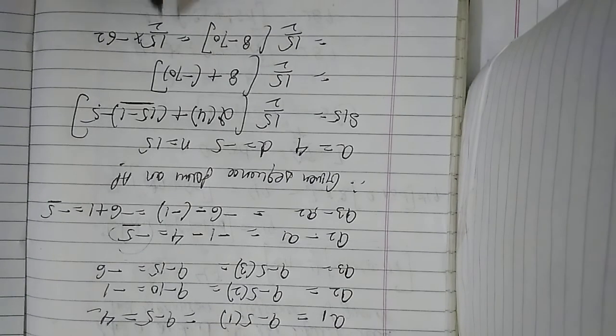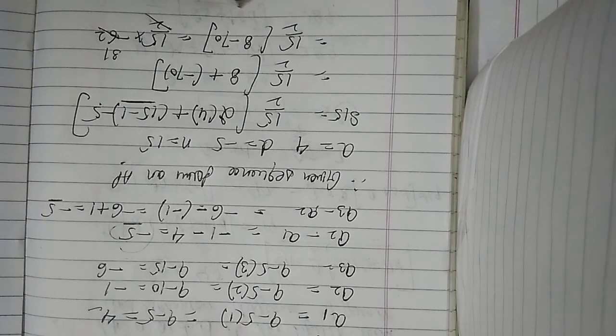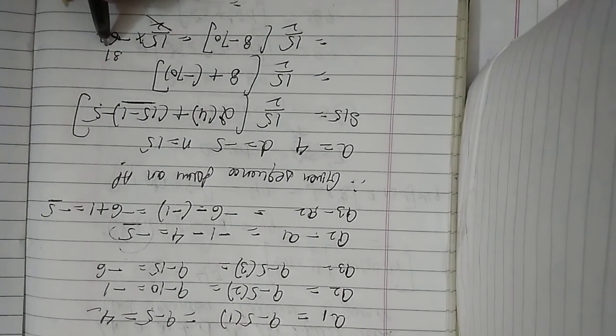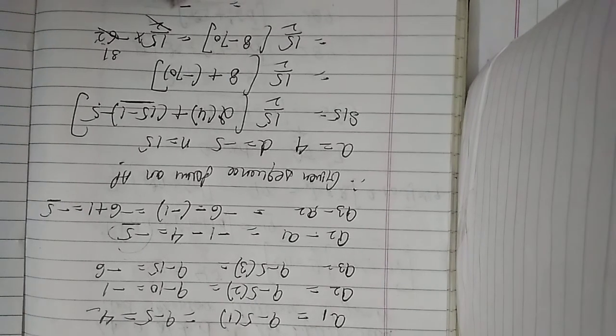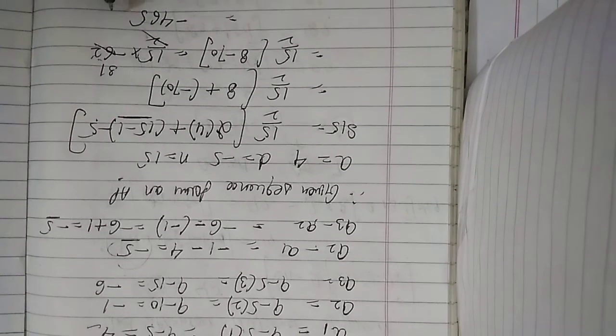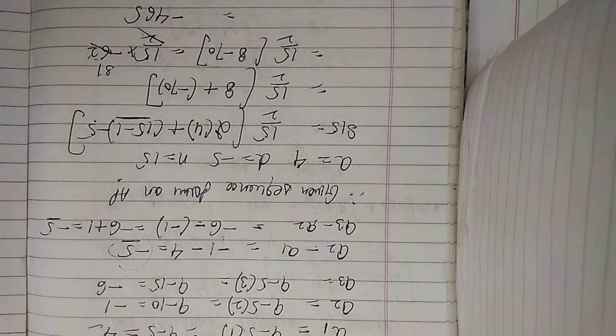Now 31. 15 is multiplied by minus 31. Answer is 465. Sum of first 15 terms is minus 465.